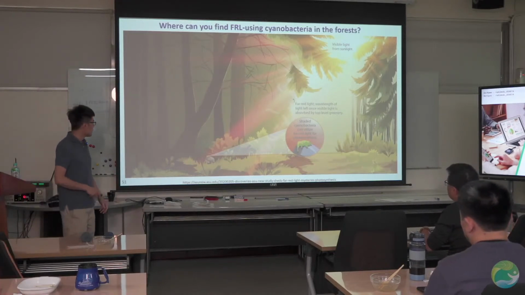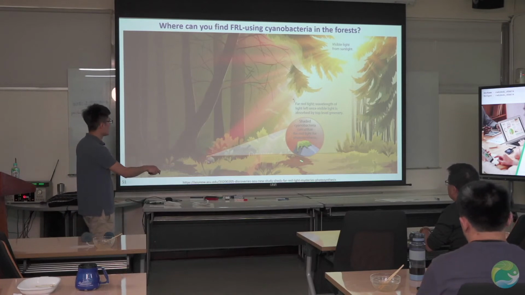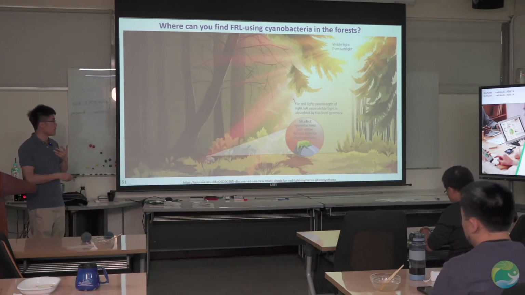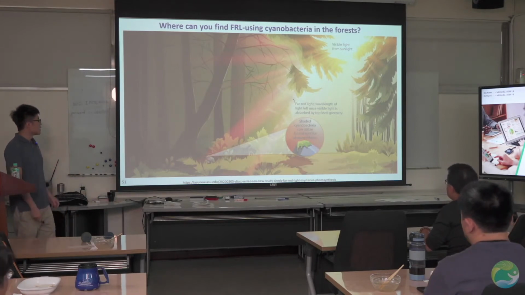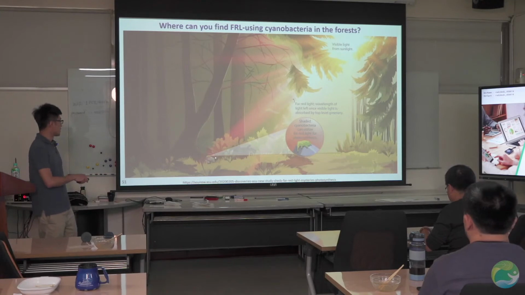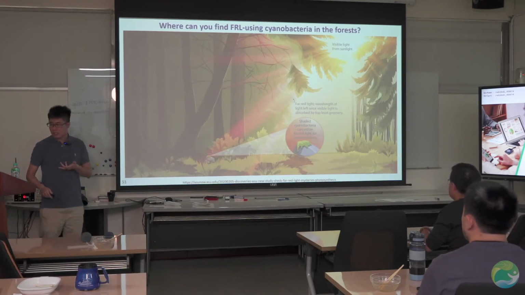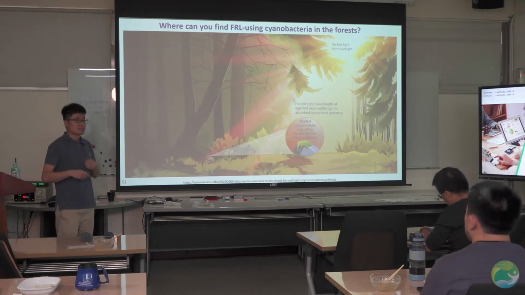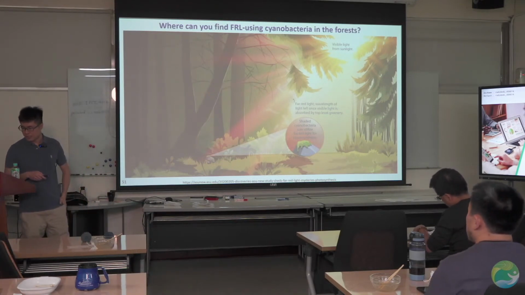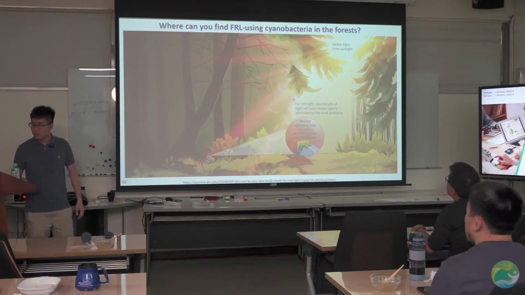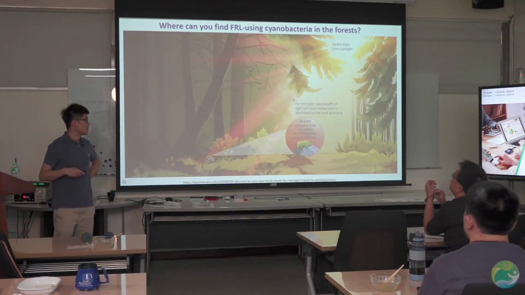And maybe over there on a stone, you can find shaded cyanobacteria that can utilize far-red light to grow. That's probably the ecological importance of these cyanobacteria, because they can grow in places where we didn't believe cyanobacteria could grow in the past. And that might change people's views on primary production all over the earth.